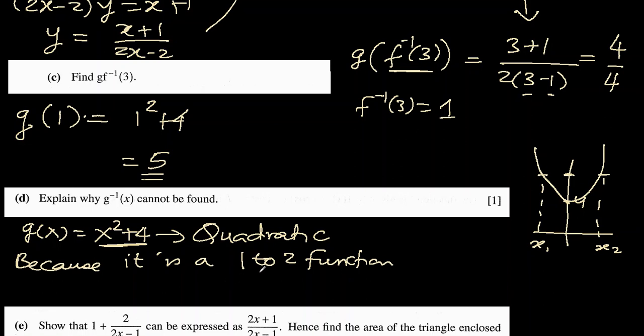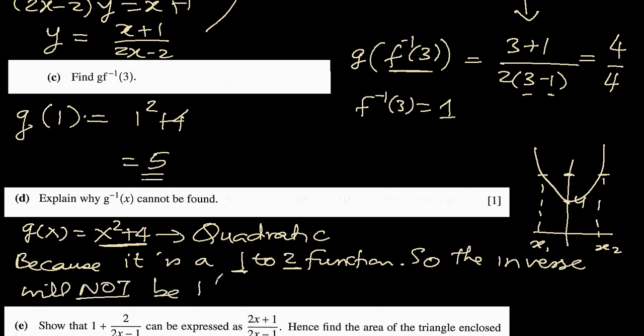What does that mean? That one y has two x's, and for an inverse we need 1 to 1. So the inverse will not be 1 to 1, right?